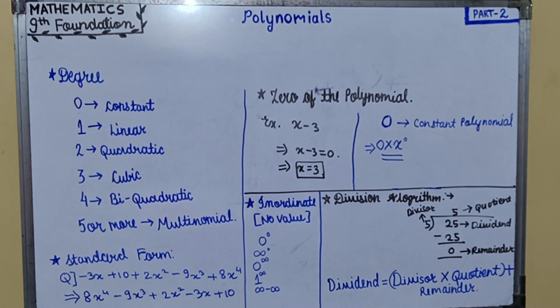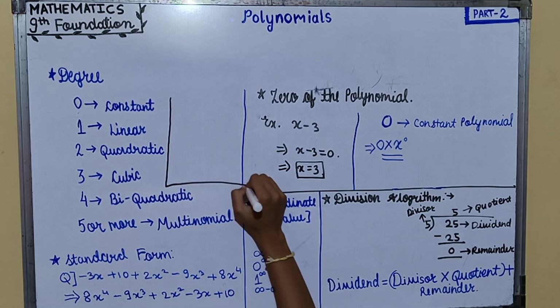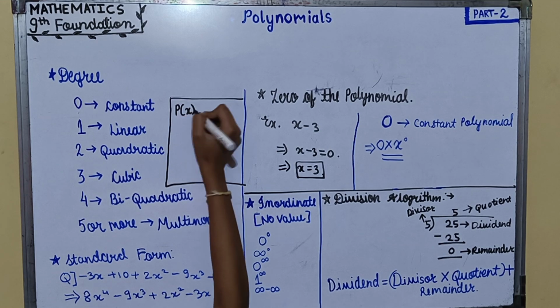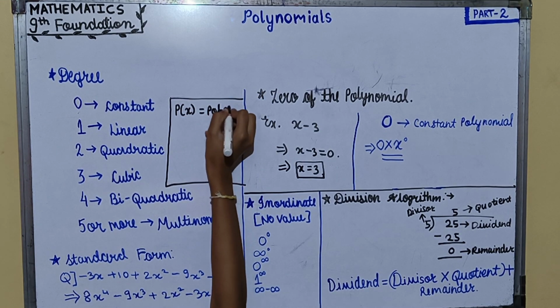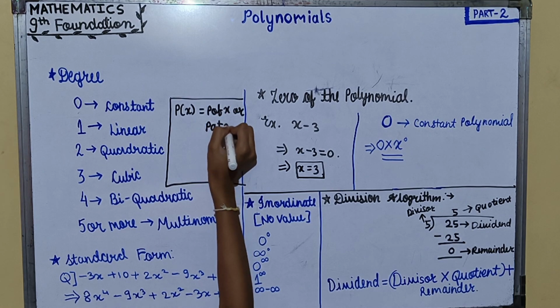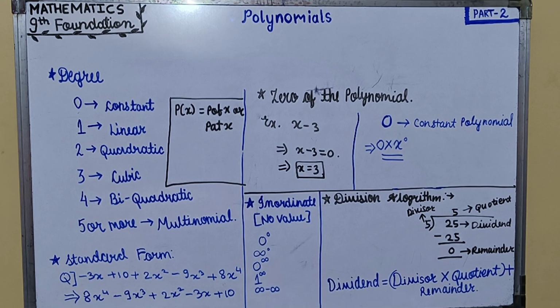And whenever it is written in this form, P at x, this is called P of x. Usually in questions I will say P at x.